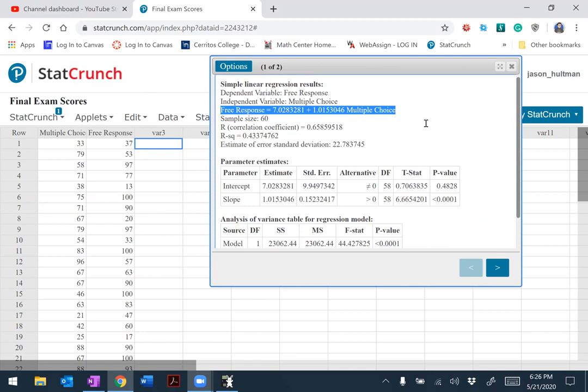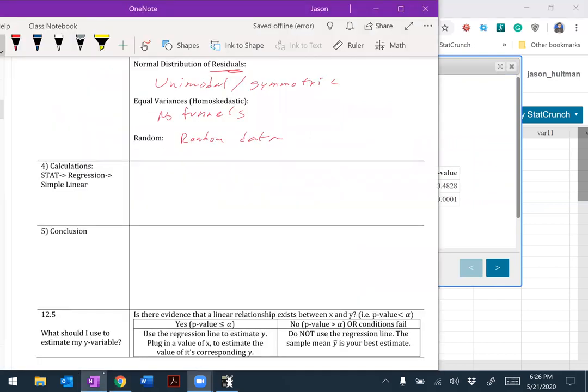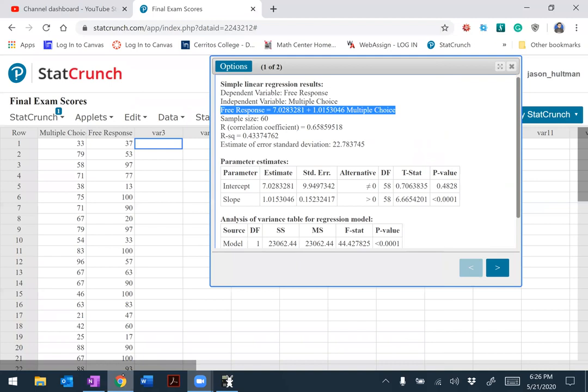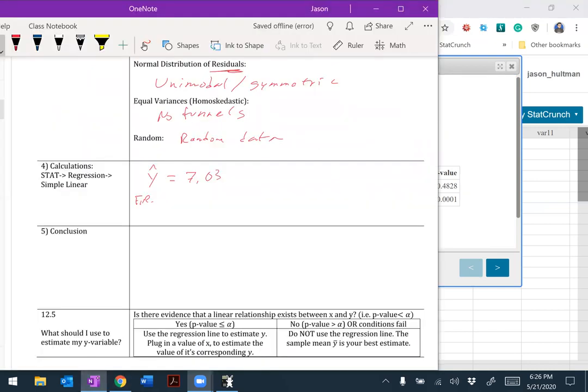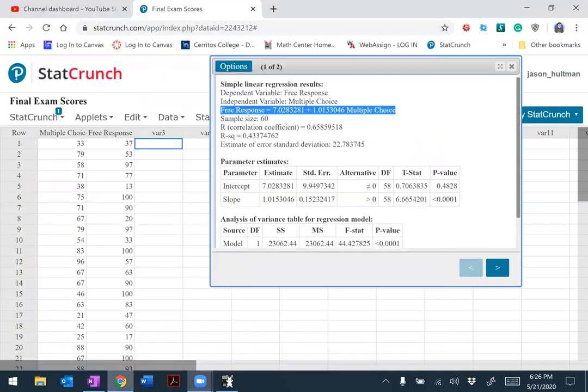So that's my regression equation. Was that y, which we're calling the free response, or y hat, is equal to the intercept, which was 7.03, plus the slope, which is 1.01.